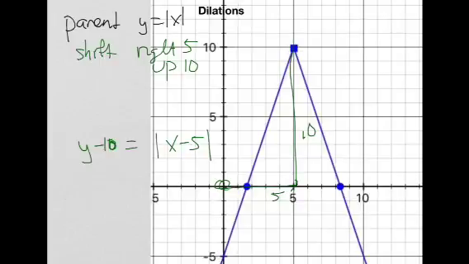Now, I have a vertical reflection, because it's not opening up the way I would expect it. It's opening down. But again, here's a nice thing about looking at these lines. It also has a dilation going on, so I'm going to look at what slope I have here.